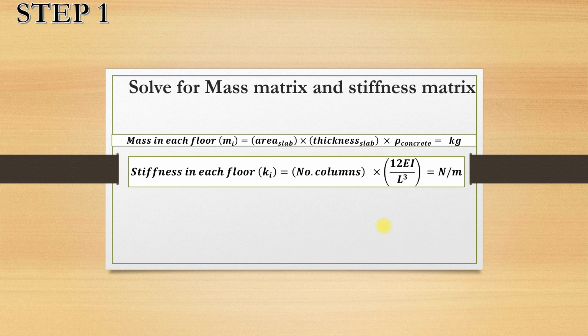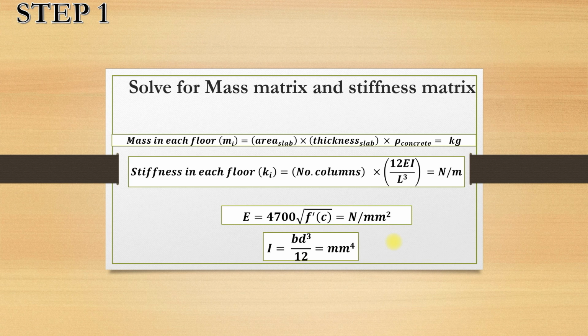For stiffness in each floor, we have to find the product of the number of columns and 12EI over L cube. And ang gagamitin natin na unit ay N over m or Newton over meter. Kailangan din na gamitin yung E which is equal to 4,700 times the square root of f'c, and ang gagamitin natin na unit naman ay Newton over millimeter squared.